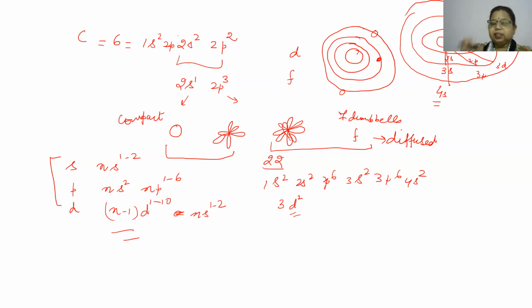Similarly, since D and F orbitals have a diffuse structure, that is, electrons are spread over a larger area, that is the second reason why such exchange is not possible between S and P orbitals. Is your query answered, students?